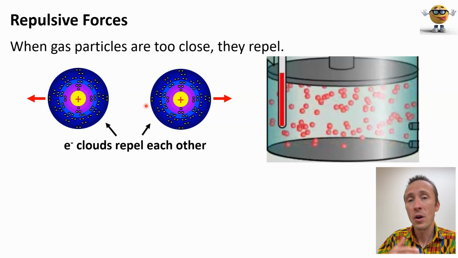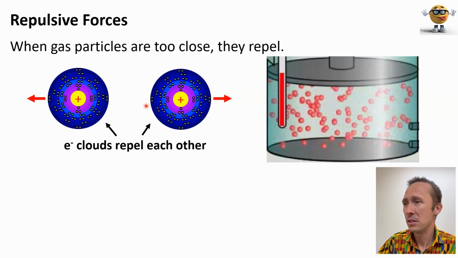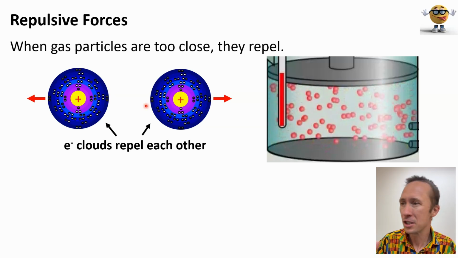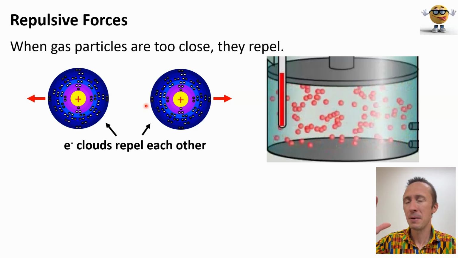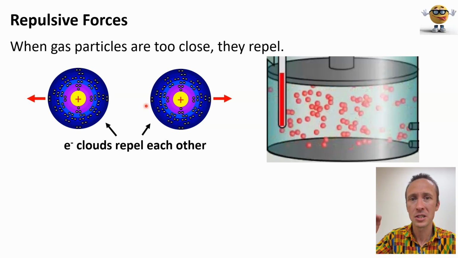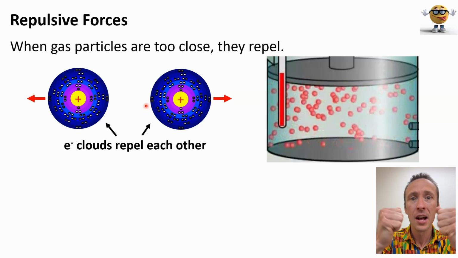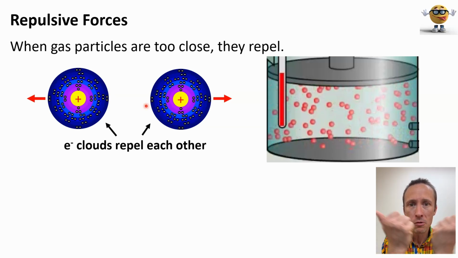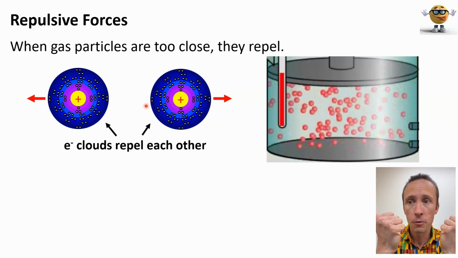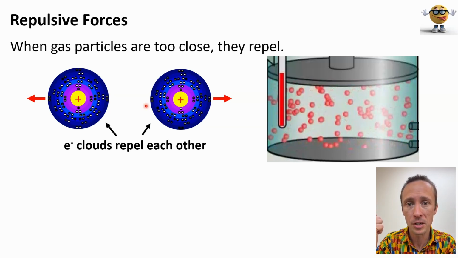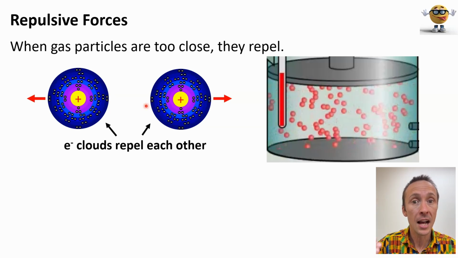Actually, there's a quantum mechanical explanation with something called the Pauli exclusion principle and wave functions, but just ignore that for now. Essentially, if they're too close together, they're crowded, and there are going to be repulsive forces pushing them away from each other that an ideal gas won't have.